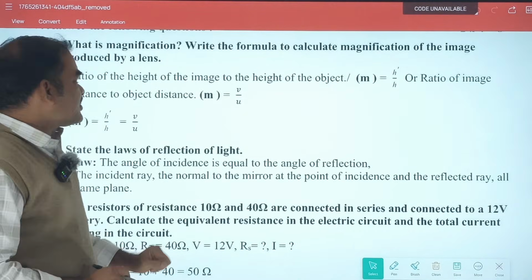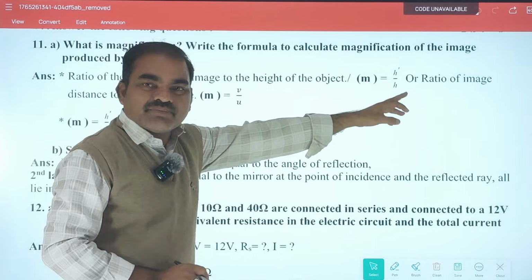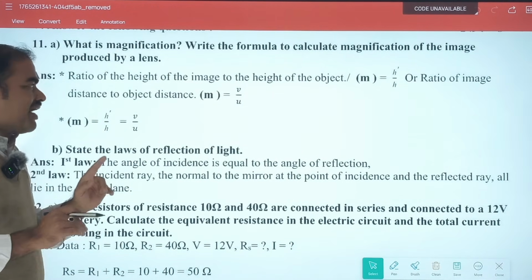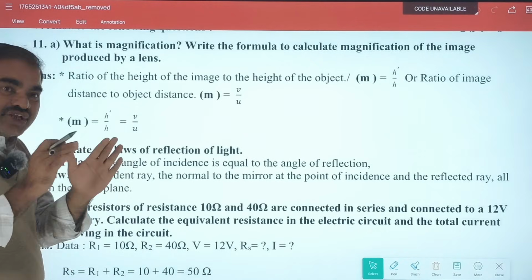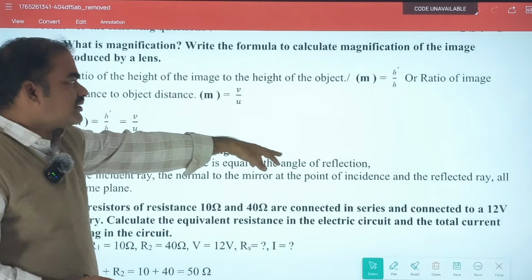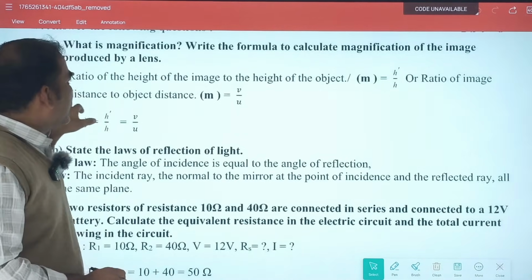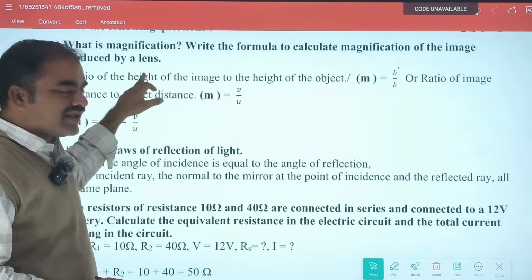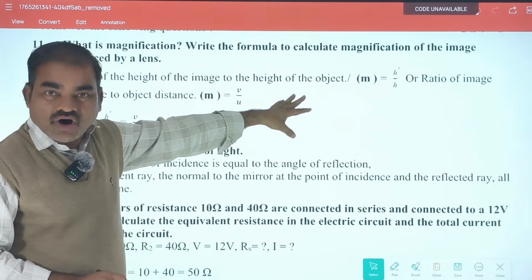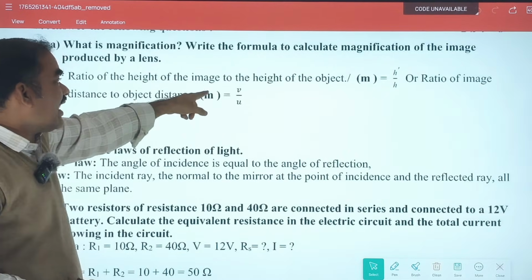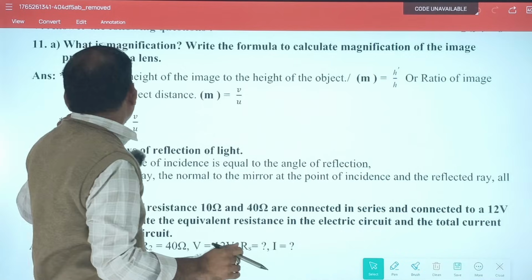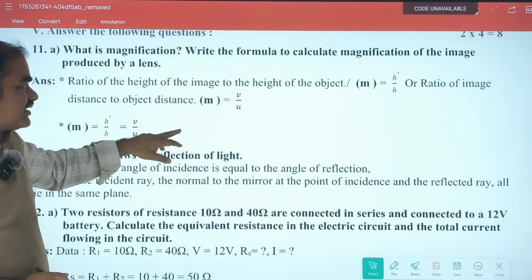What is magnification? Write the formula to calculate the magnification of the image produced by a lens. Magnification is the ratio of the height of the image to the height of the object, h dash by h, or the ratio of image distance to object distance.